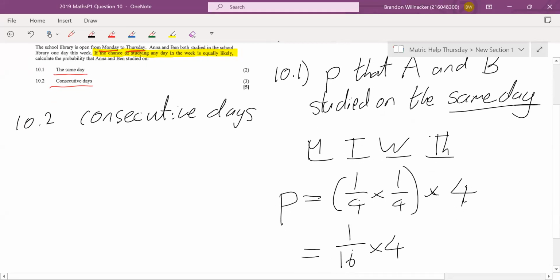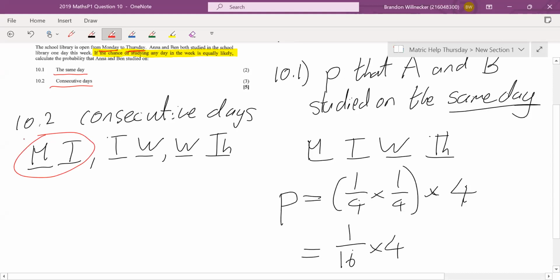I pointed out some of the options. The first one would be something like Monday, Tuesday. Those are consecutive days. The next 2 consecutive days would be Tuesday, Wednesday. And the last consecutive pair of days would be Wednesday, Thursday. So these are our options. The first option, Monday, Tuesday.